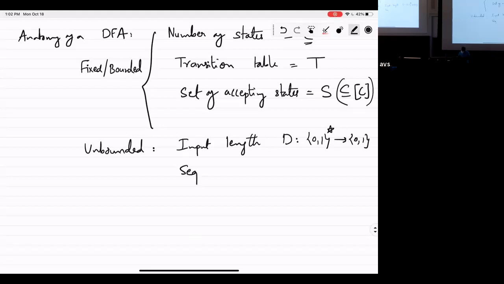The sequence of states that a DFA visits is also unbounded. In every bit you read, you have a state. It might be new, or the same, but it is a different state of computation. Any questions about this?